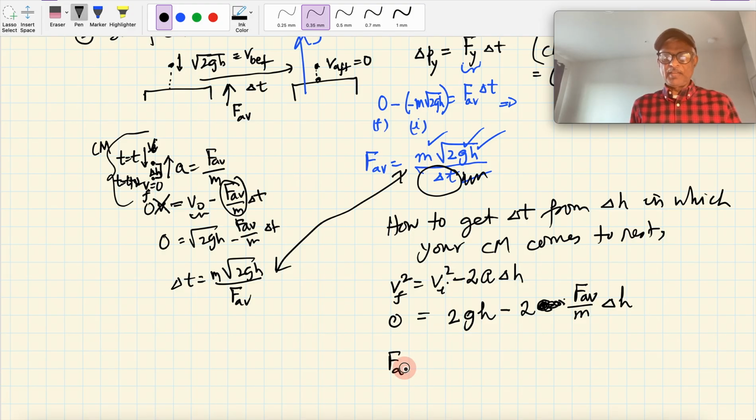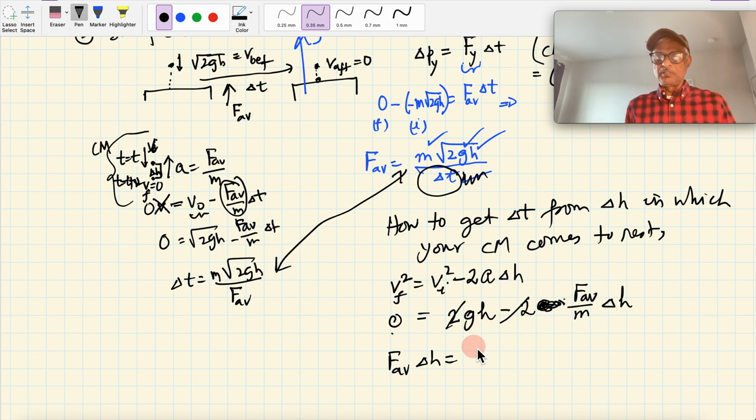So you can say F average delta h is, with the 2 going away because of the 0, mgh on the other side. This is the work done, and that's the change in potential energy. That's another way to think about it.